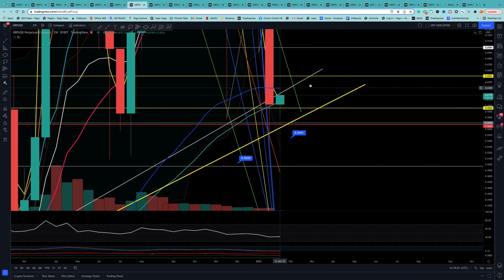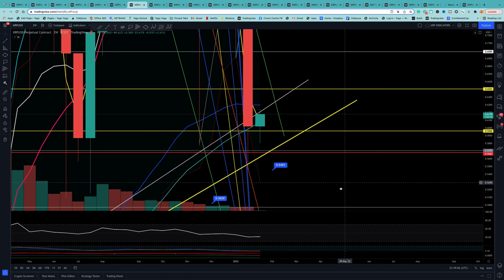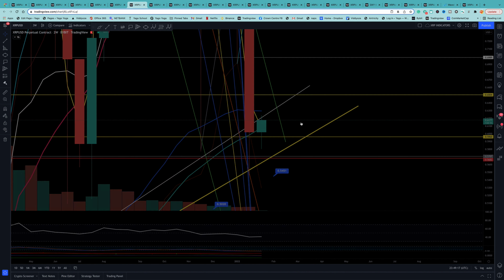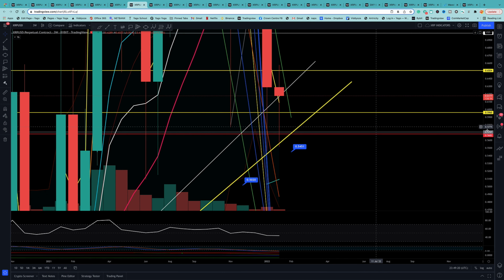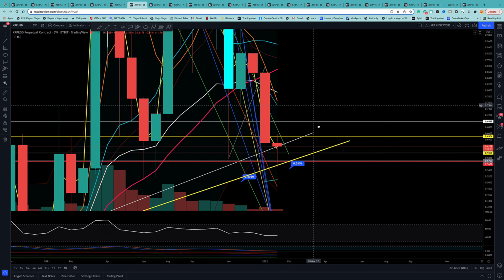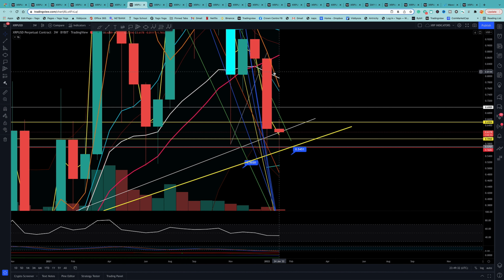I think the 55 EMA on the 2 week, this blue line on the 2 week, is also now a resistance for price action. It's pressing down now. Here's the 3 week.